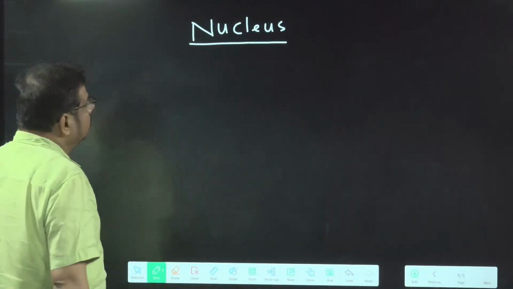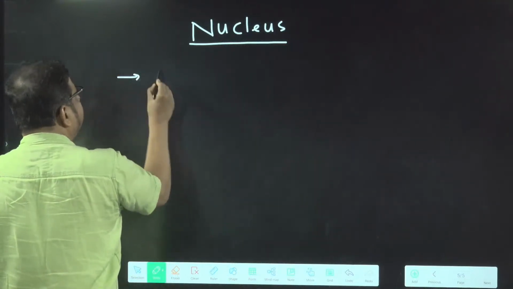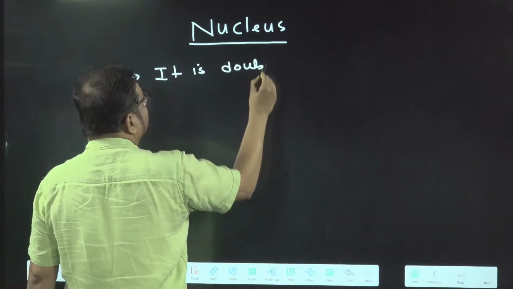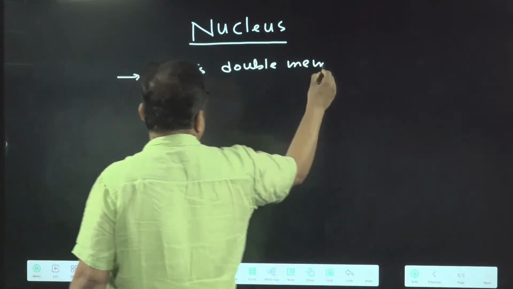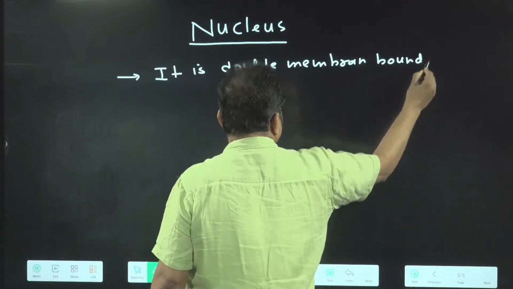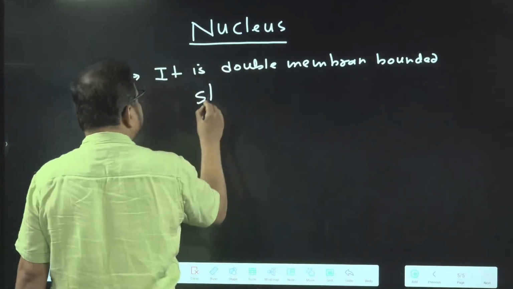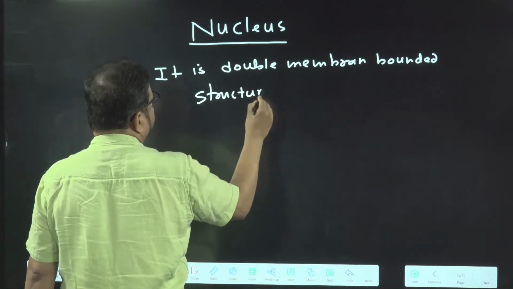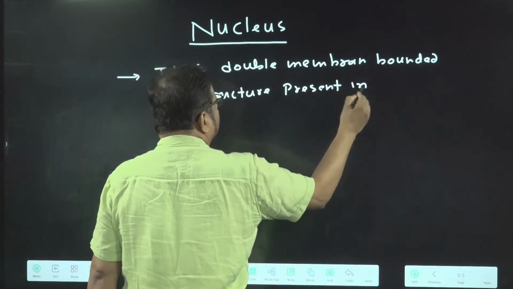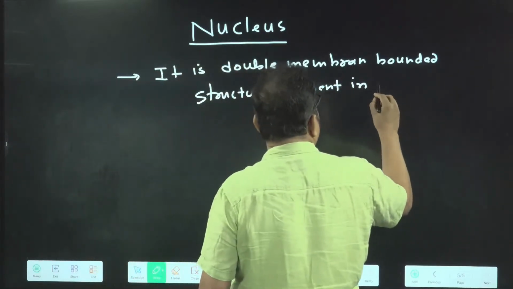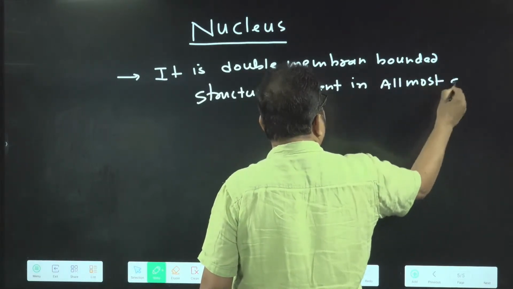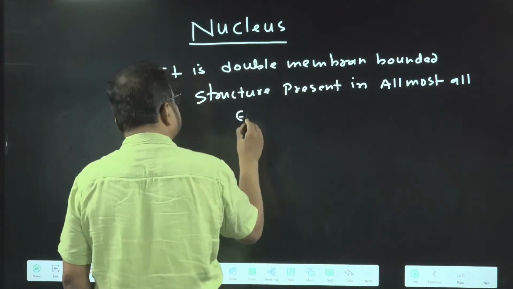Have a look here. So the nucleus is a double membrane bounded structure present in almost all eukaryotic cells.